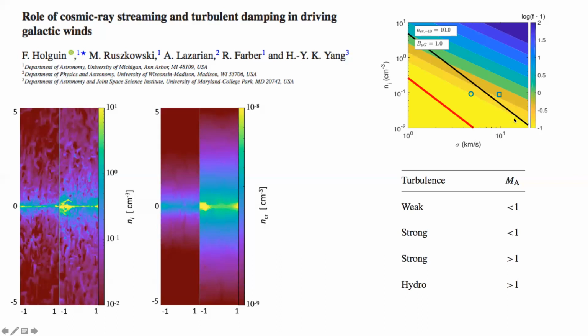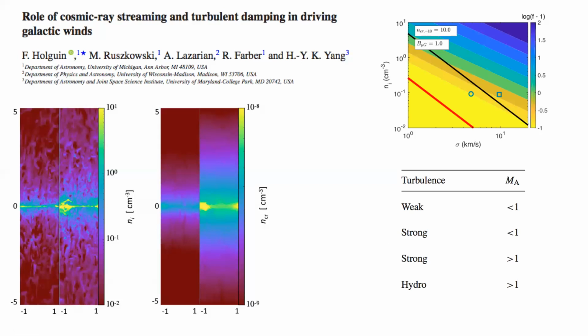And so I'm also showing these lines which delineate the regimes that Alex mentioned, which he called weak, two of the strong regimes, and also a hydra regime. And more information about that can be found in his paper and my work also.